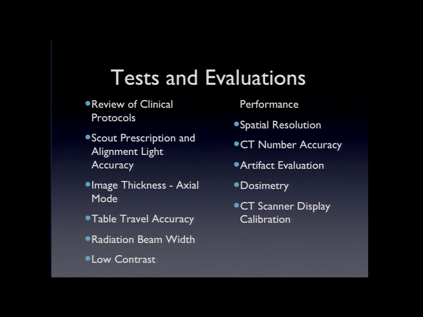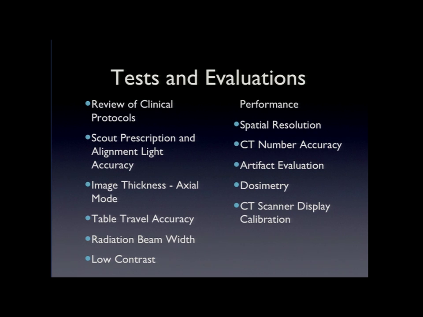So this is a list of what the ACR really wants you to do. It includes the review of clinical protocols, so you want to make sure that the protocols are appropriate for that scanner and for the patient population that you're working with, to include dose and image quality.